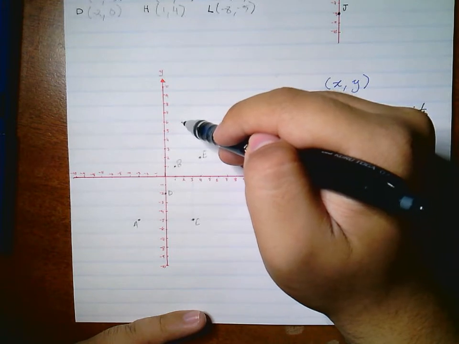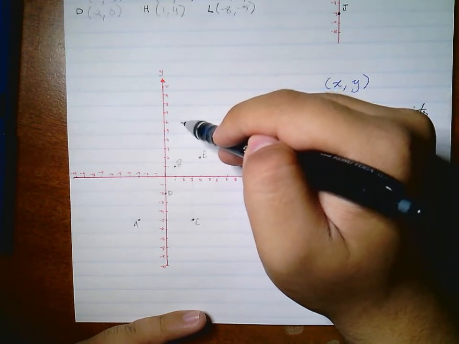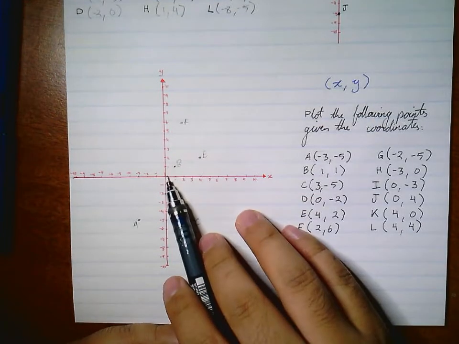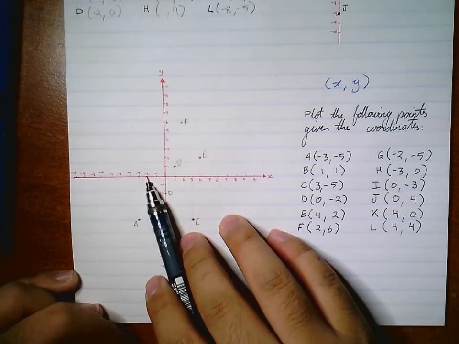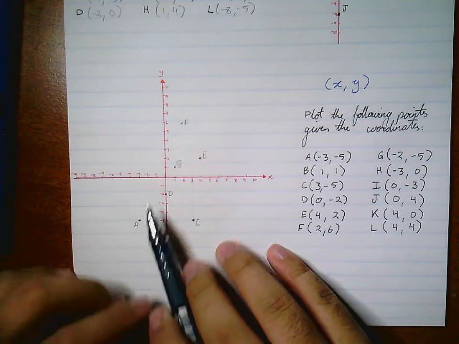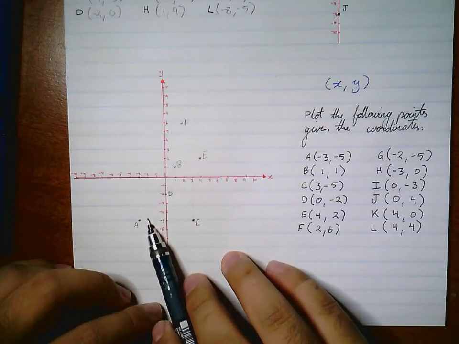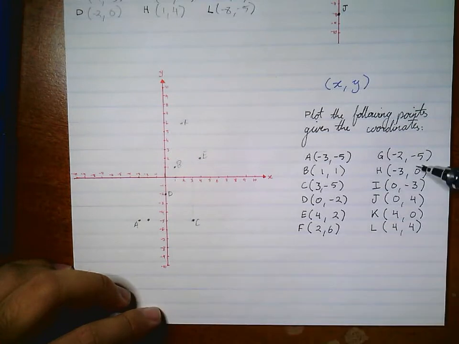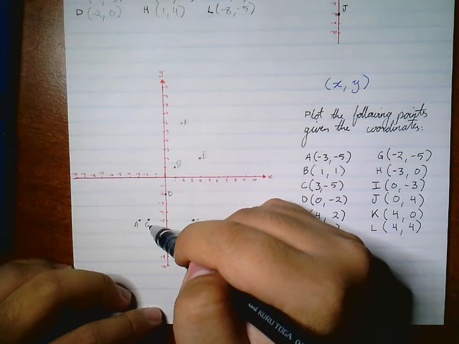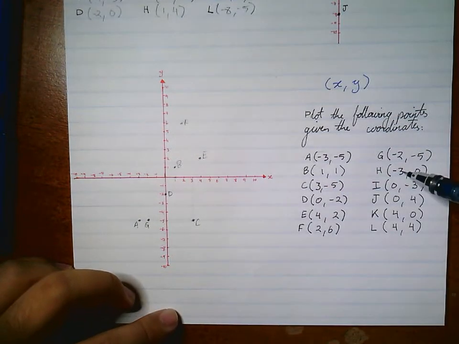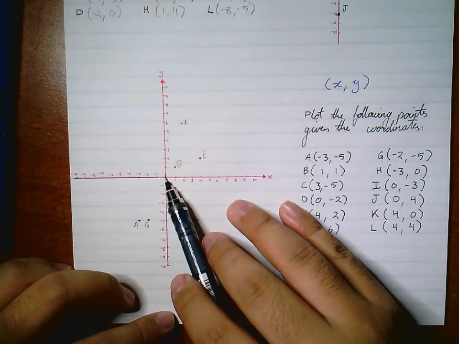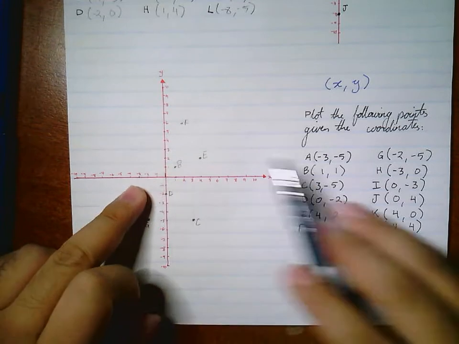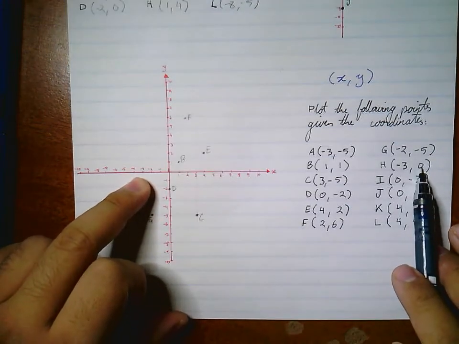F is 2, 6, all the way up here. Point F. G is negative 2, negative 5. So we are here. That is point G. H is negative 3, 0. We move negative 3 and don't move up or down because it's a 0.